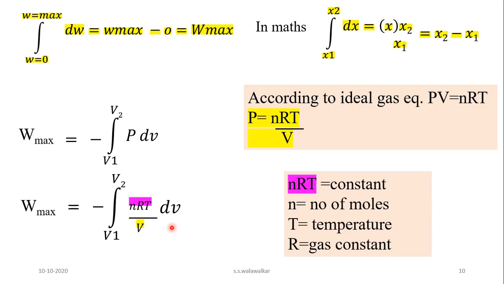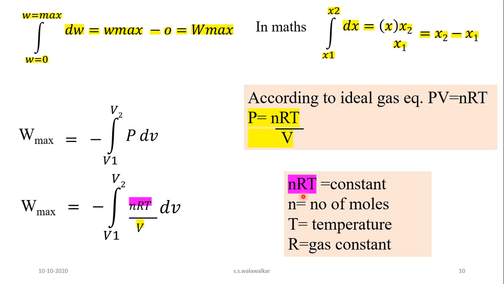But you know that n means the number of moles, that is not changed, it is fixed. So n is the number of moles, that is constant. R means the gas constant, its value is also constant. And T means temperature. This process is isothermal, therefore the temperature of the system also remains constant.